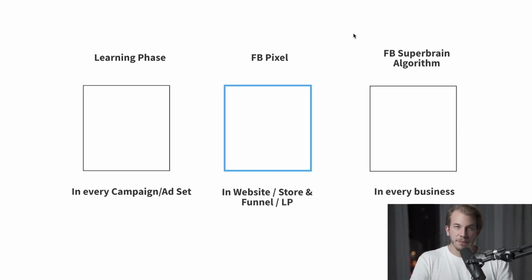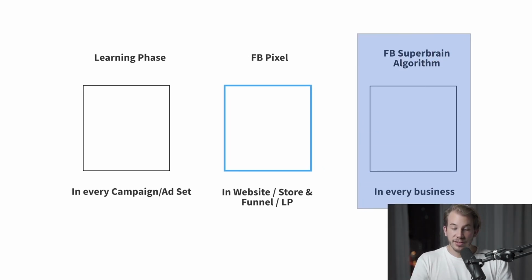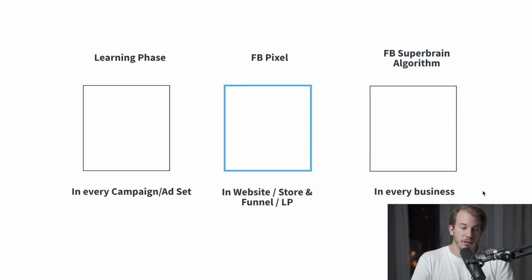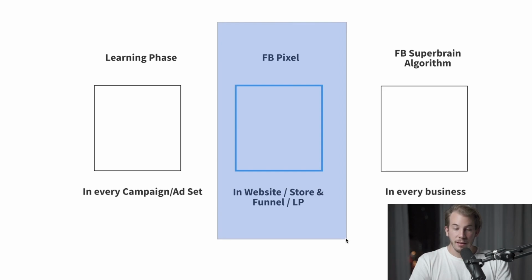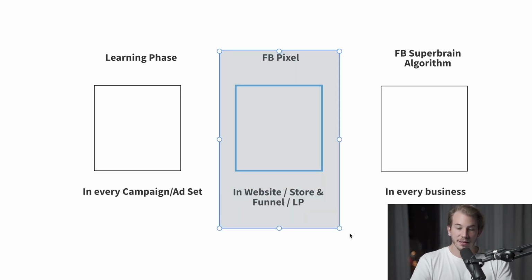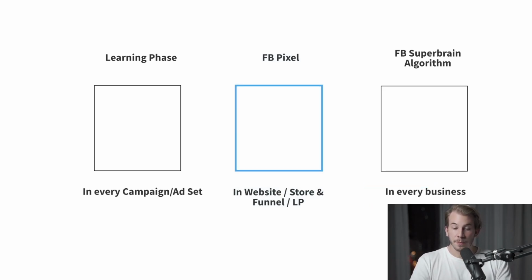And the third topic here is actually something that I would call the Facebook super brain algorithm, because we have multiple campaigns that all feed data to one pixel, but the Facebook business, the meta business, has hundreds of thousands of pixels, and it gets the data from hundreds of thousands of pixels.